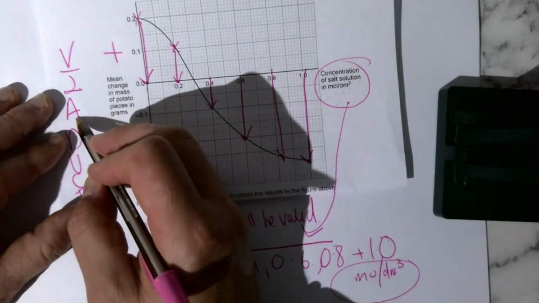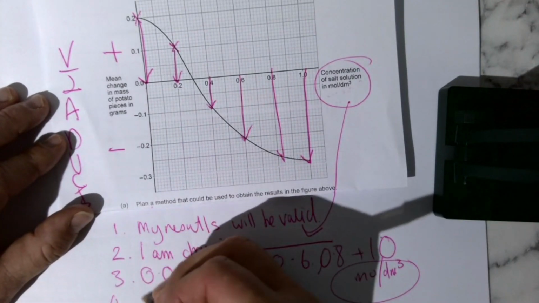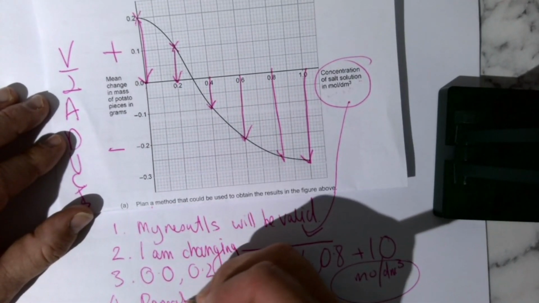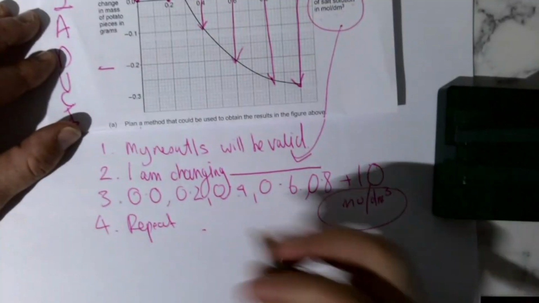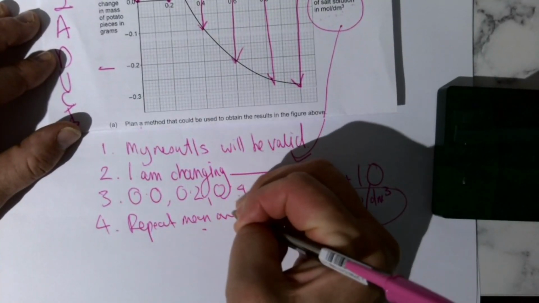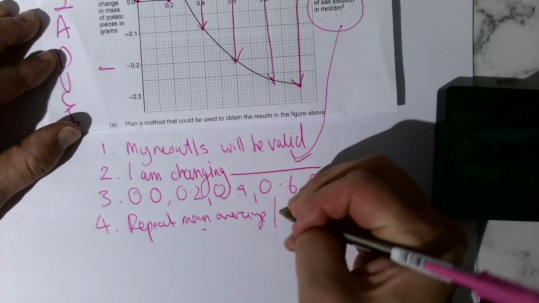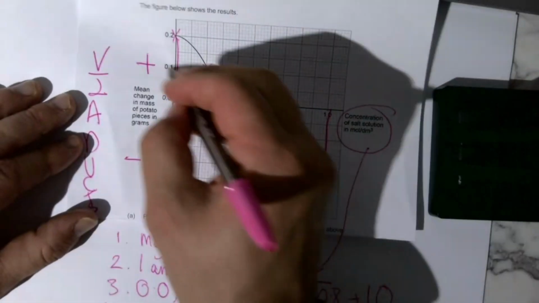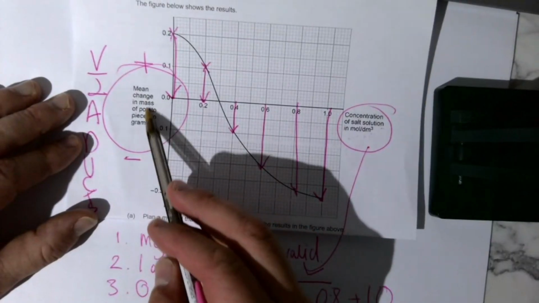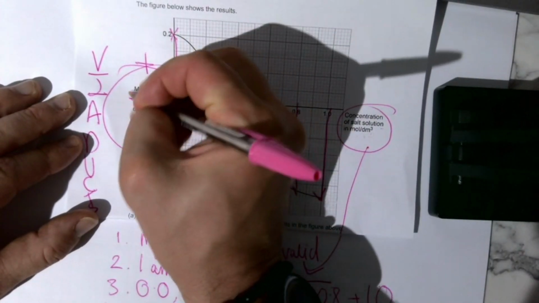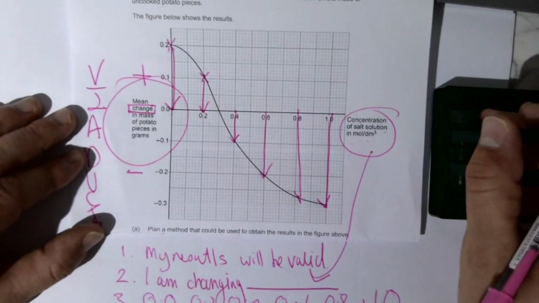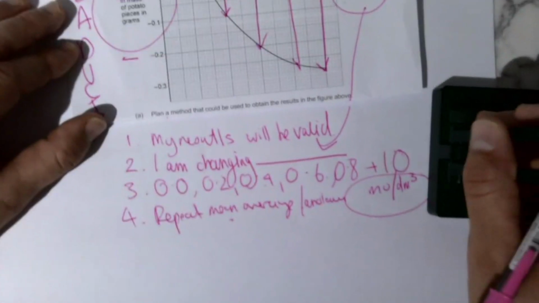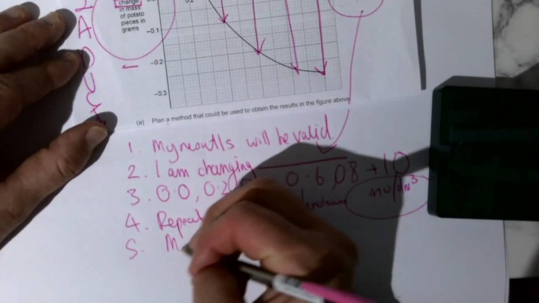Okay, I will repeat, mean average. Let's go down here. Repeat, mean average. Remove any anomalies. Dependent variable. Here we go. It's all here. It's the mean change. That means you have to know what the mass was before.